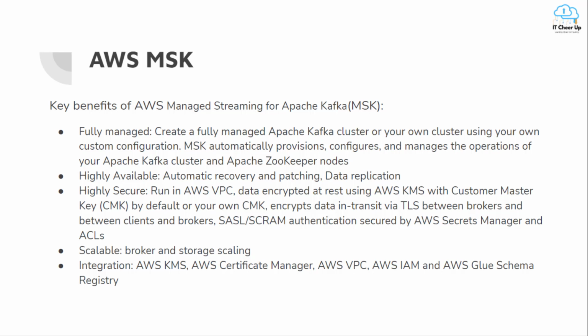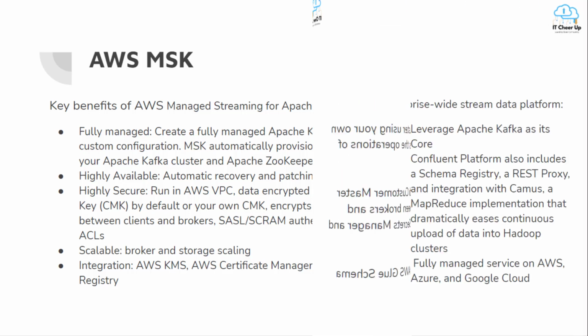SASL SCRAM authentication is secured by AWS Secrets Manager and ACLs. AWS can handle the broker and storage scaling. From an integration standpoint, it can integrate with AWS KMS, AWS Certificate Manager, AWS VPC, AWS IAM, and AWS Glue Schema Registry.